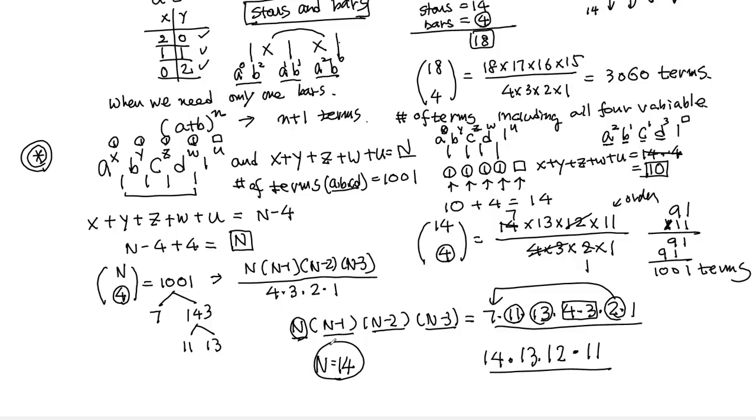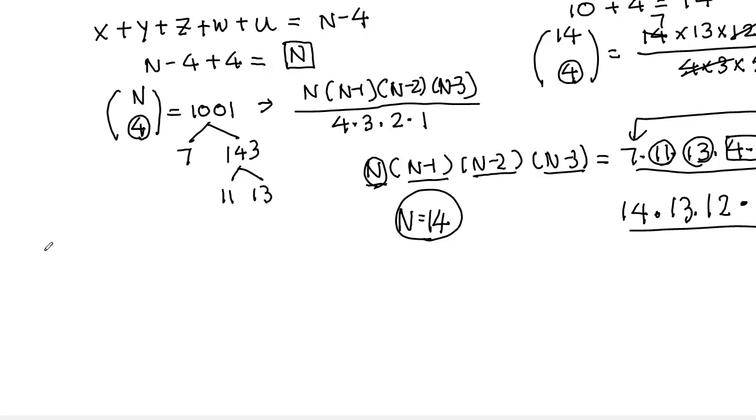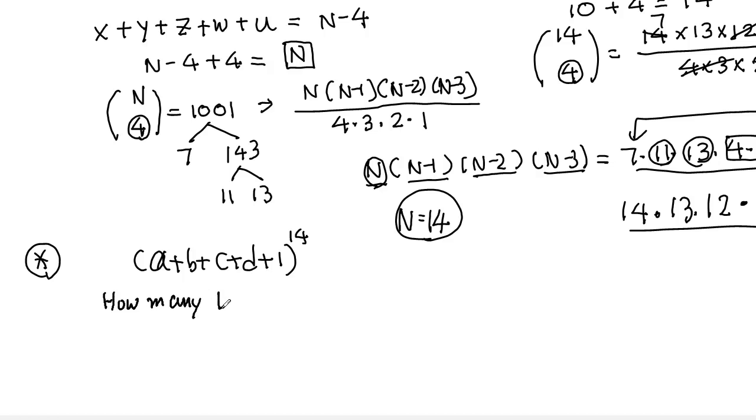Okay. All right. Or you can develop it more, it doesn't matter. For example, just one more. When you expand a plus b plus c plus d plus 1 to the power 14, the question is, how many terms contain b cubed?